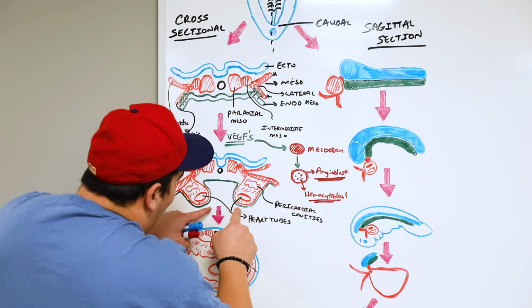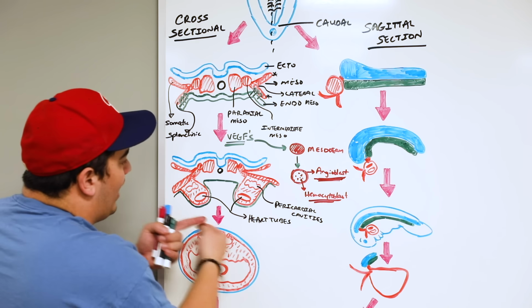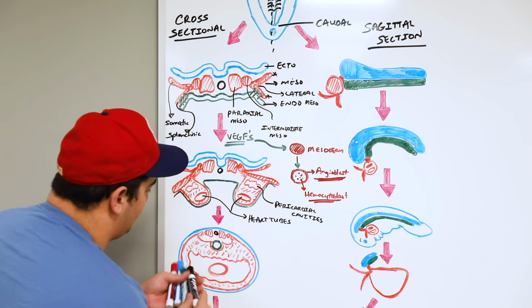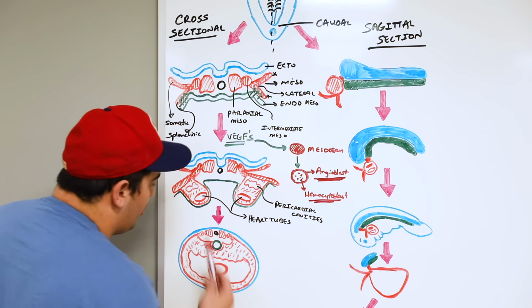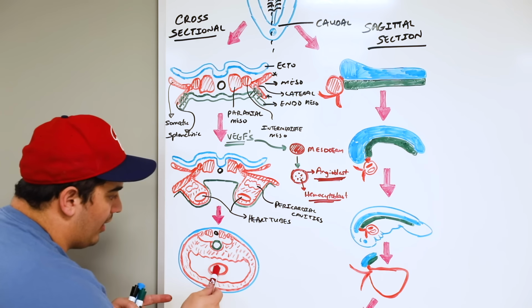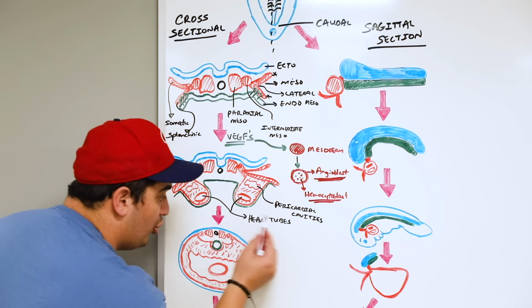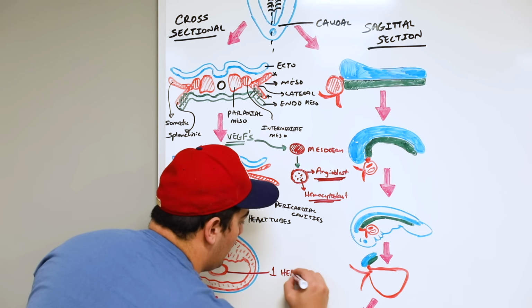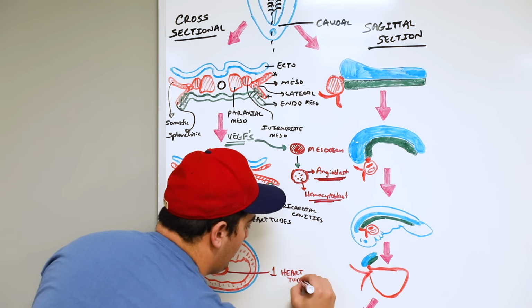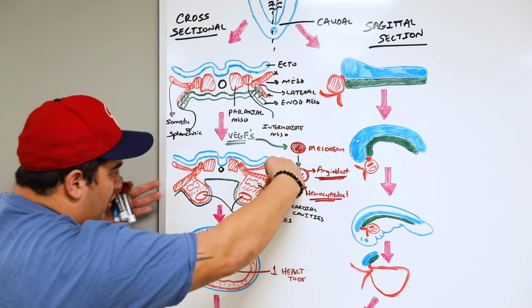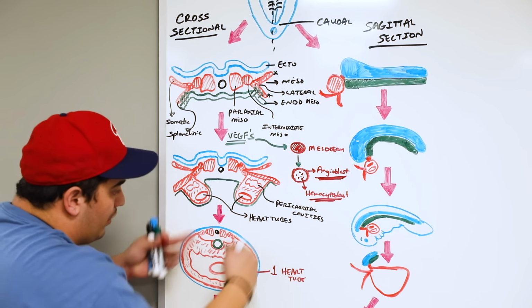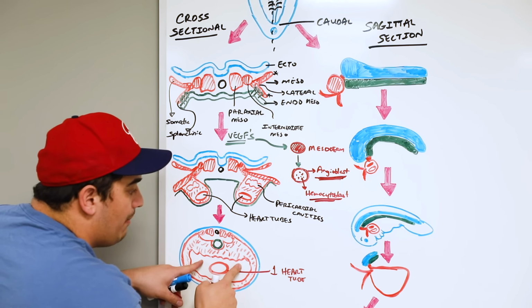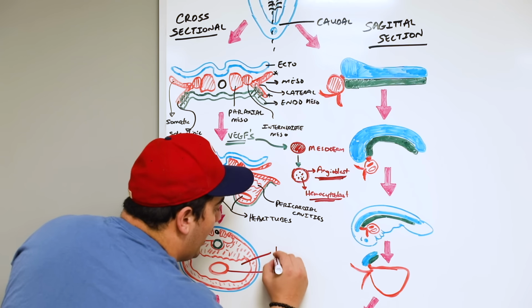And bring these two edges here together. When I do that, guess what happens? These heart tubes are going to fuse together and make one singular heart tube. So two heart tubes come together and make one heart tube. And whenever these two edges come together, the two pericardial cavities fuse and become one pericardial cavity.